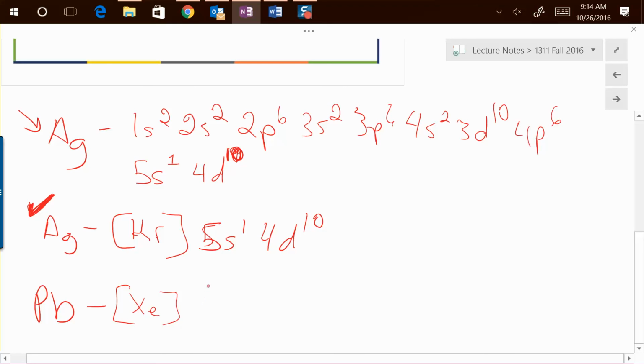What's next after Xe? 6s2. Then? No. 4f14. And this is how you can know that. Look at this. 56. 57. 71. 72. Okay? 4f14. 5d10. 6p2. Okay? So that's how you would write that electron configuration for lead.